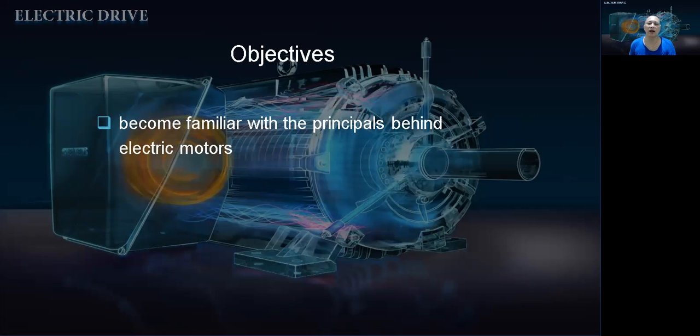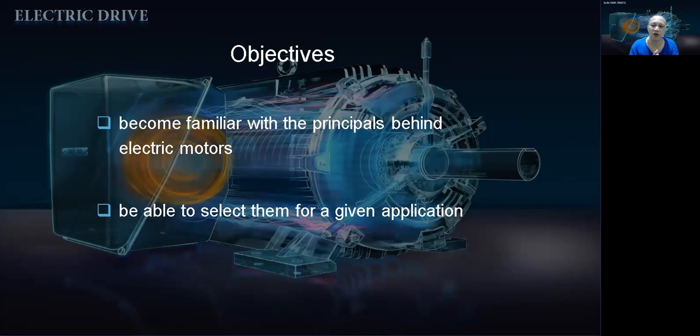Objectives. I hope the students who study this will be familiar with the principles behind electric motors, AC and DC, the things that we're going to discuss, and be able to select them for a given application, as simple as that. So for example, later in your projects, mechatronic system design 1 and 2, and then your thesis, maybe you are going to implement something and somehow you need to apply electrical motors.